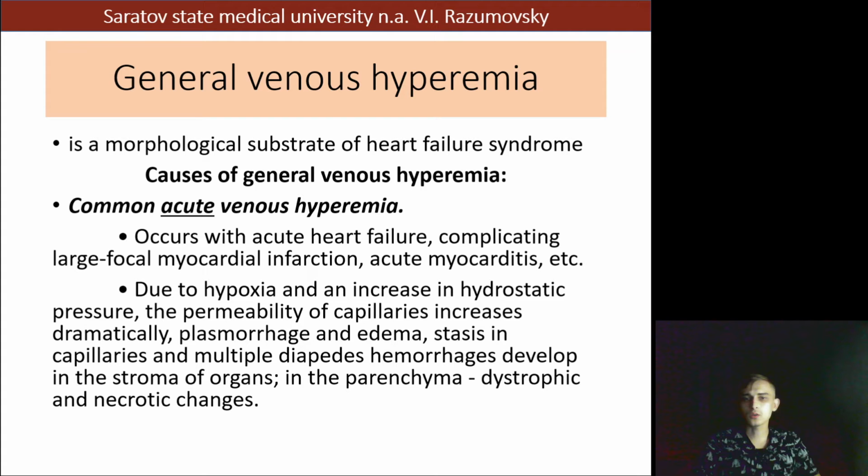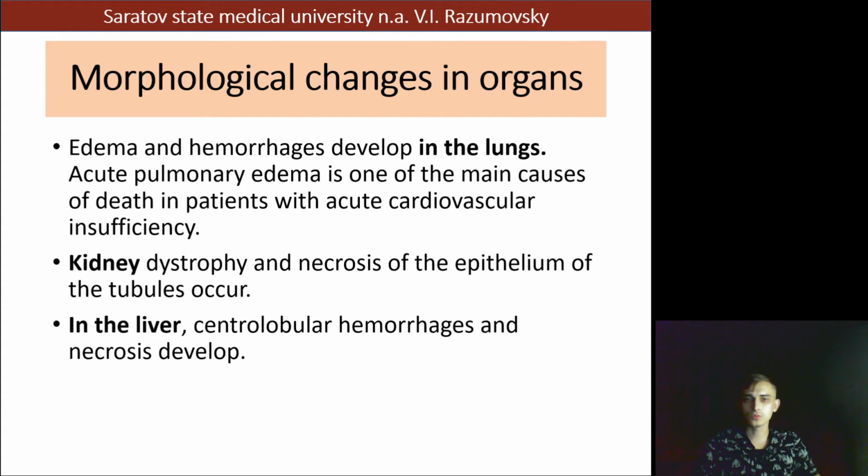Morphological change in organs in acute form of venous hyperemia will be associated with edema and hemorrhages in lungs. Acute pulmonary edema is one of the known causes of death in patients with acute cardiovascular insufficiency. Kidney dystrophy and necrosis of the epithelium of tubes.